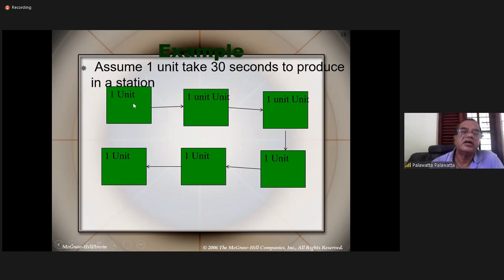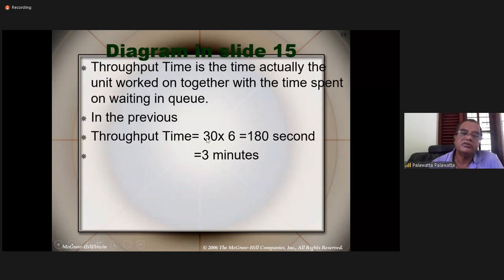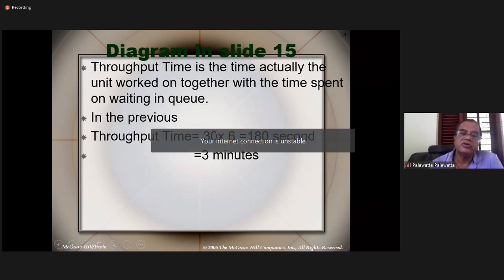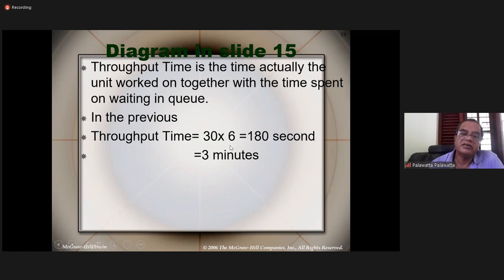In this diagram, throughput time equals 30 times 6. So 1 unit takes 30 seconds, and with 6 stages, that is 180 seconds, which is 3 minutes.